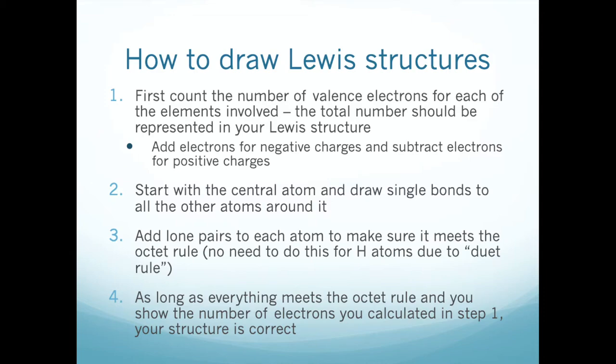If your Lewis structure does not show the right number of electrons, that means that you've drawn it slightly incorrectly, but you can fix it by adding in double bonds. So essentially, if you have the wrong number of electrons in your drawing, that's a hint that your molecule probably has double bonds or maybe even triple bonds. We'll talk about that scenario in a little bit. So those are the 2 key things you want to watch out for.